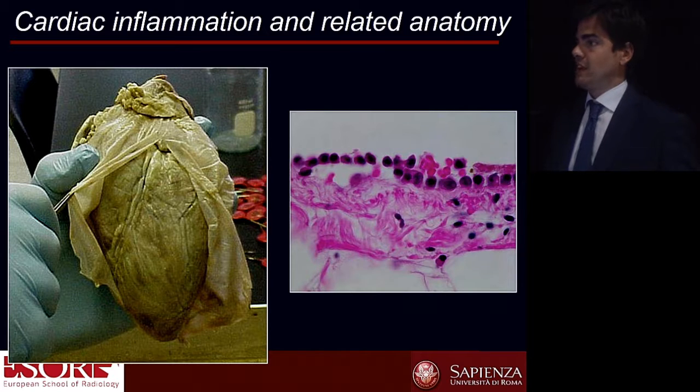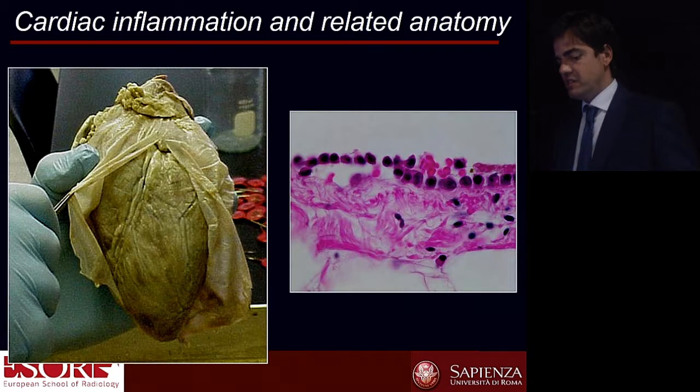This slide here shows, let's say, the simple anatomy of the pericardium and its relationship with the heart, with myocardium. If you look at the histological stain here, you notice there is a single line of mesothelial cells separating the pericardium, which is this elastic membrane, from the myocardium through a certain amount of loose connective tissue and fat tissue.